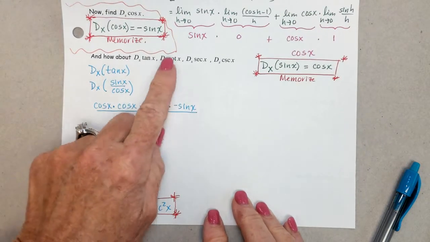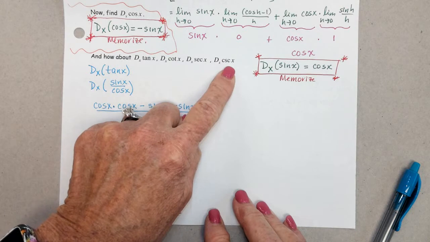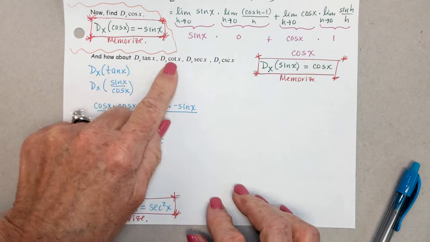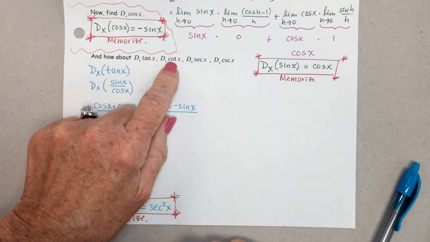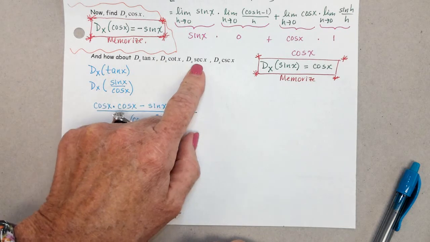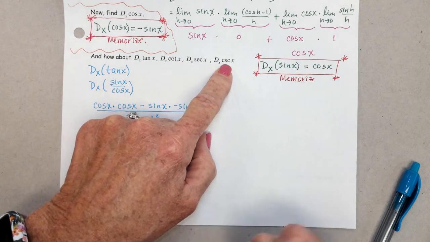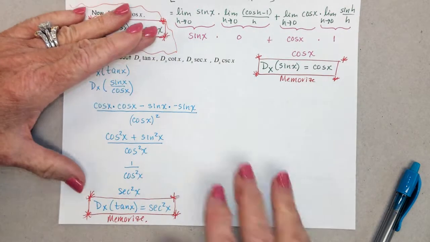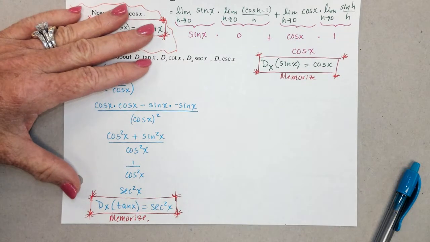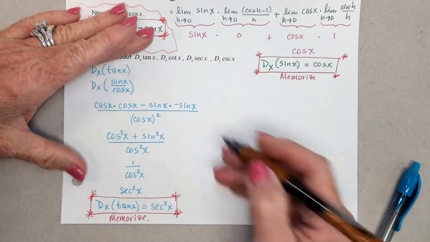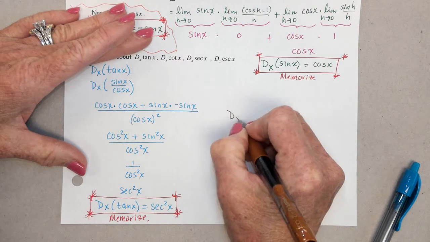The last 3 of these, the cotangent, the secant, and the cosecant, can all be derived by doing a quotient rule. Cotangent, we would do cosine divided by sine, and then a quotient rule. Secant, we would do 1 over cosine, and then a quotient rule. Cosecant, 1 over sine, and then a quotient rule. In the interest of saving some time here, let me just give them to you.